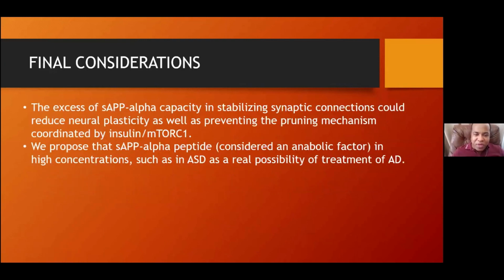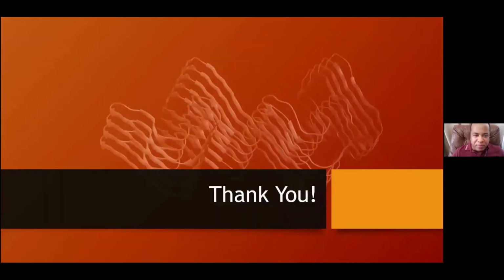So we are proposing the use of high levels of sAPP alpha in individuals with Alzheimer's disease, to stabilize and preserve the formation of synapses, stabilize the old synapses, and increase the metabolic pathway between insulin and mTOR that will tend to increase the formation of new connections. This is our aim, and that was what we found in our theoretical experiment.